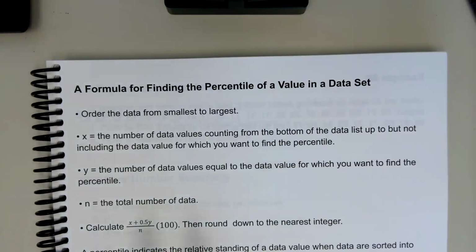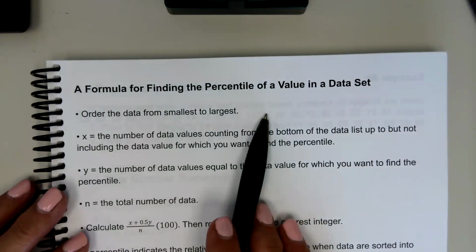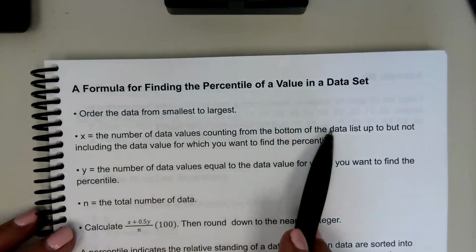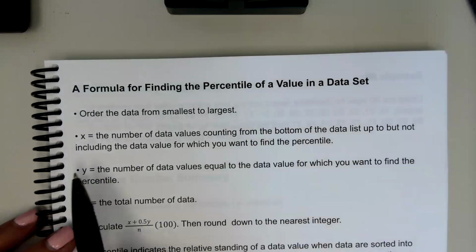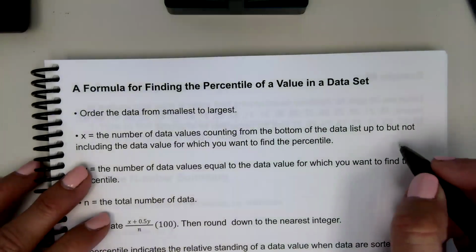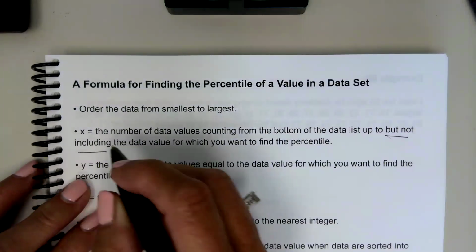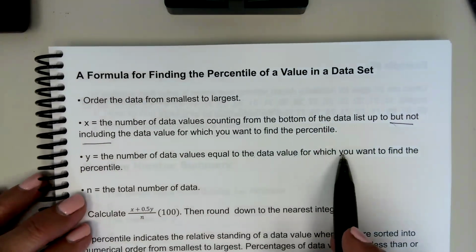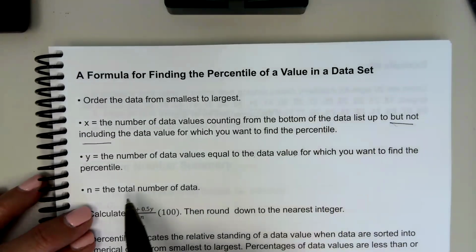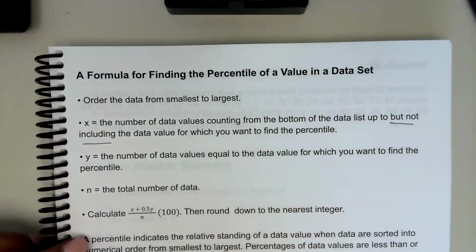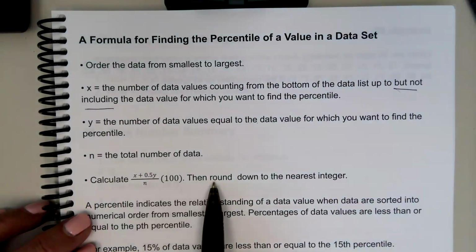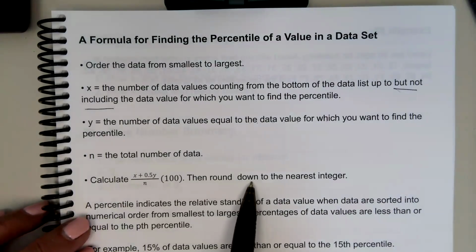We're still going to order the data from smallest to largest. x is the number of data values counting from the bottom of the data list up to, but not including, the data value for which you want to find the percentile. y is the number of data values equal to the data value for which you want to find the percentile. n is the total number of data. You're going to calculate x plus 0.5 times y, divided by n, and then you're going to round down to the nearest integer.